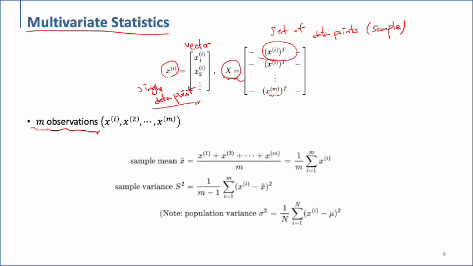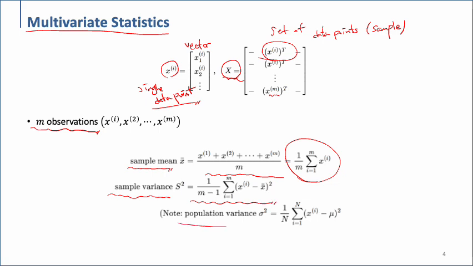Based on that, we can construct X. And by using these m observations, we can also calculate the sample mean, which is nothing but the mean of the single data points X, calculated by the average of the m data. We can also calculate the sample variance, which can be calculated like here.